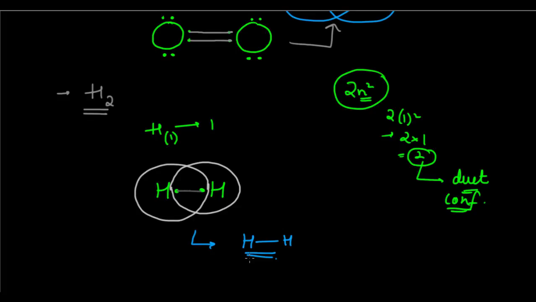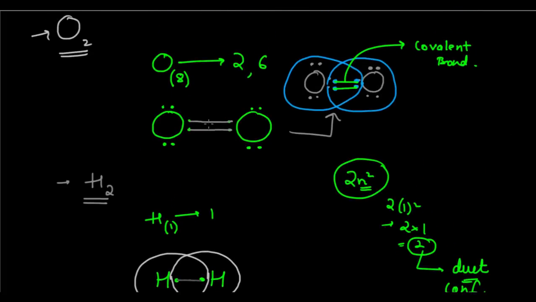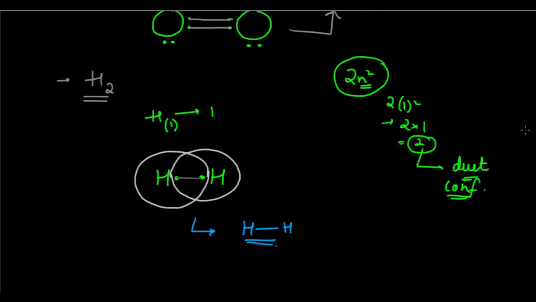right? Now let us compare the case of oxygen and hydrogen. In oxygen you can see that there are 2 electrons being shared by each oxygen, which is leading to the generation of 2 bonds, 1 between 2 electrons and 1 between 2 electrons, right? In case of hydrogen, they are sharing one electron each, so they're just forming one bond between two electrons.